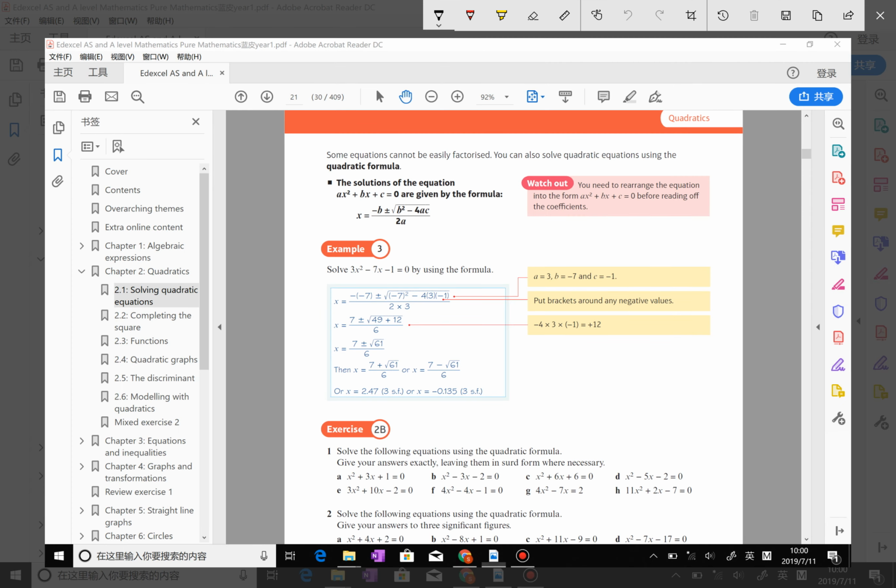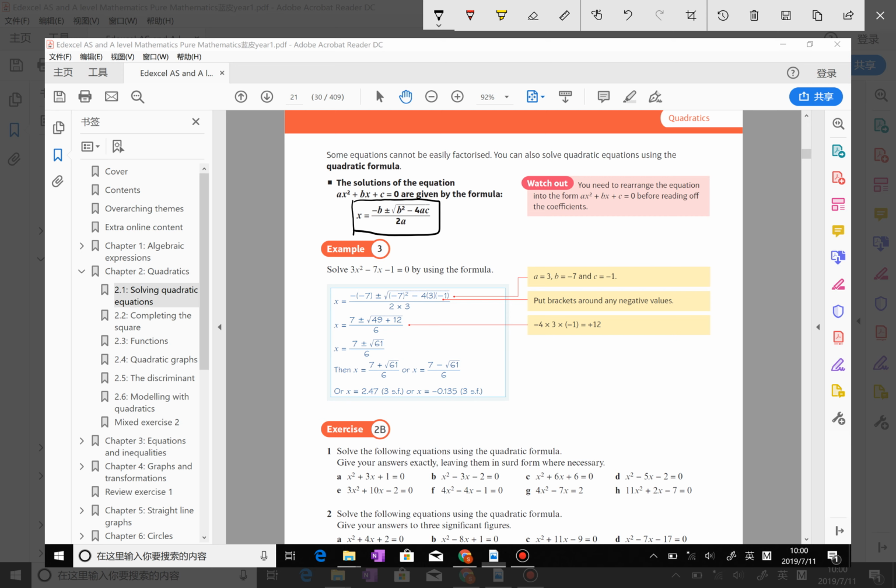We should use the formula. a, b, c are the coefficient before x squared, the coefficient of x, and the constant term, so x equals negative b plus or minus square root b squared minus 4ac, over 2a.